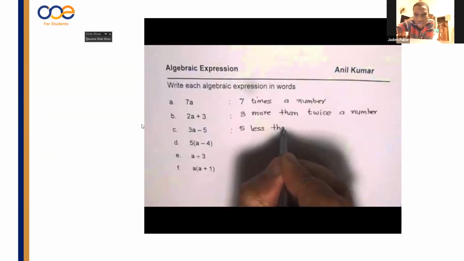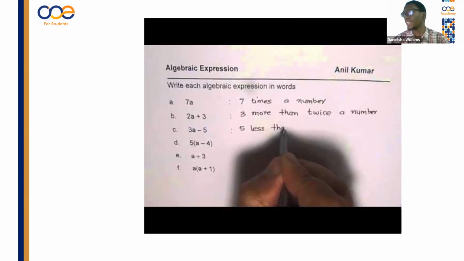Okay, so it would be 5 multiplied by a number less than 4. No, sorry, for the less than, subtracted by 4. You know, less than is actually fine. You can say less than.